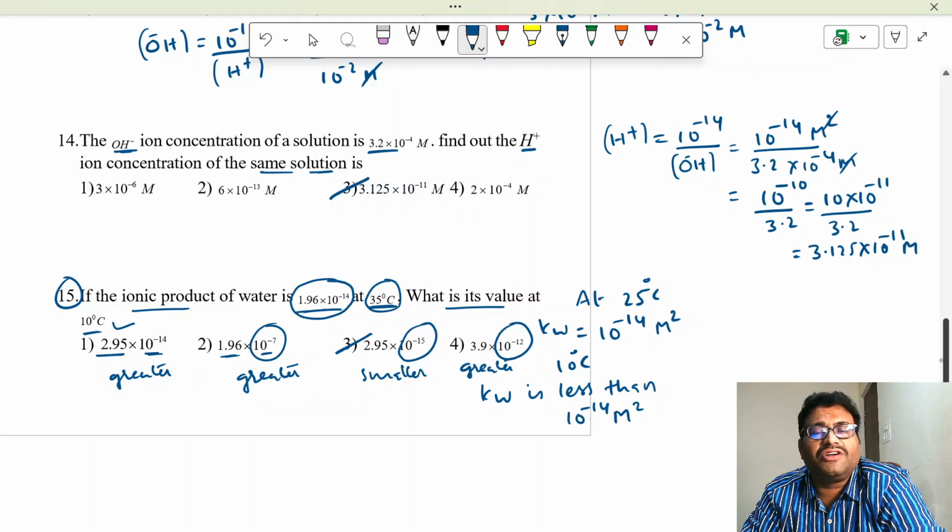In the concept also, every step I have mentioned. Every small detail is mentioned. So this is the basic one regarding ionic equilibrium. Once you understand this, then only we can proceed to the next part of the chapter. So go through this video thoroughly, with some patience, so that you can understand the concept very well.